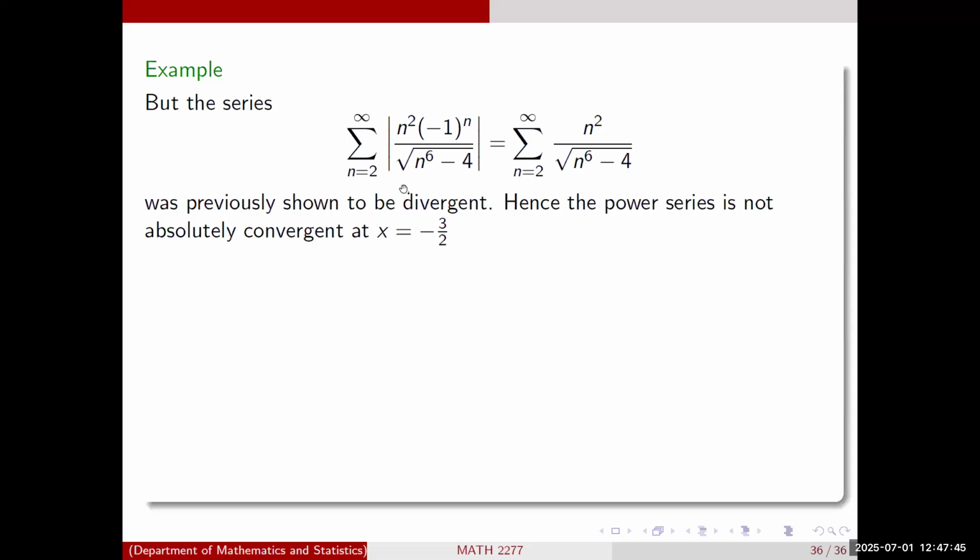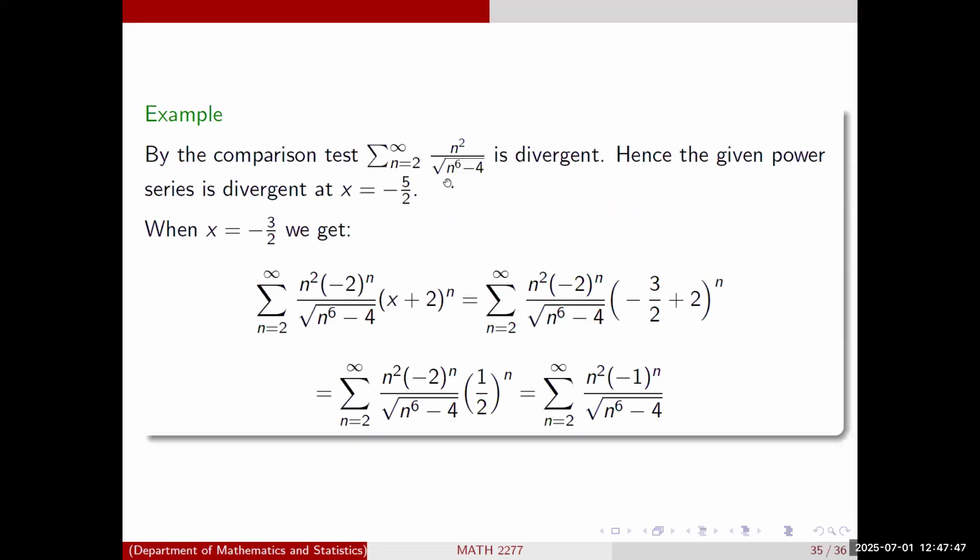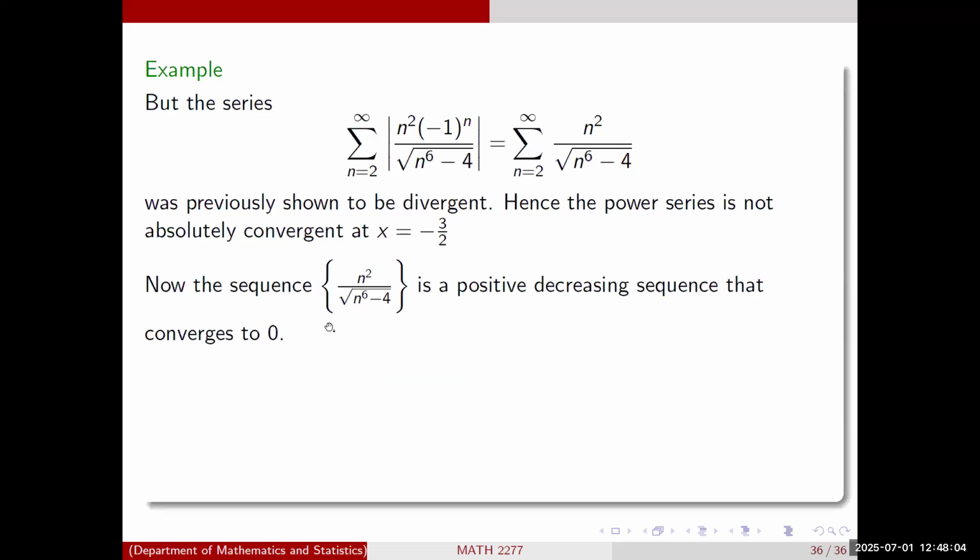So what we need to do is actually work out the original series. Instead of taking the absolute value, that didn't help us, right? So we actually need to tackle this series head on. Okay, but notice here's where the alternating series test comes in. Notice that these terms are positive and decreasing, right? As n gets bigger and bigger, these terms are getting smaller and smaller, and it is decreasing towards 0.